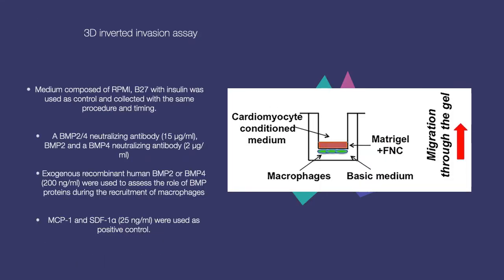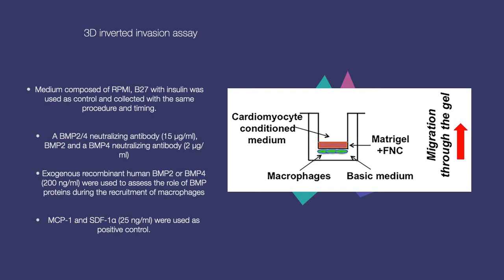Next, a 3D inversion assay was used to quantify macrophage migration through conditioned media. In this, they tested all the subpopulations of the macrophages. They also used a BMP2/4 neutralizing antibody, as well as a BMP2 and a BMP4 standalone neutralizing antibody.